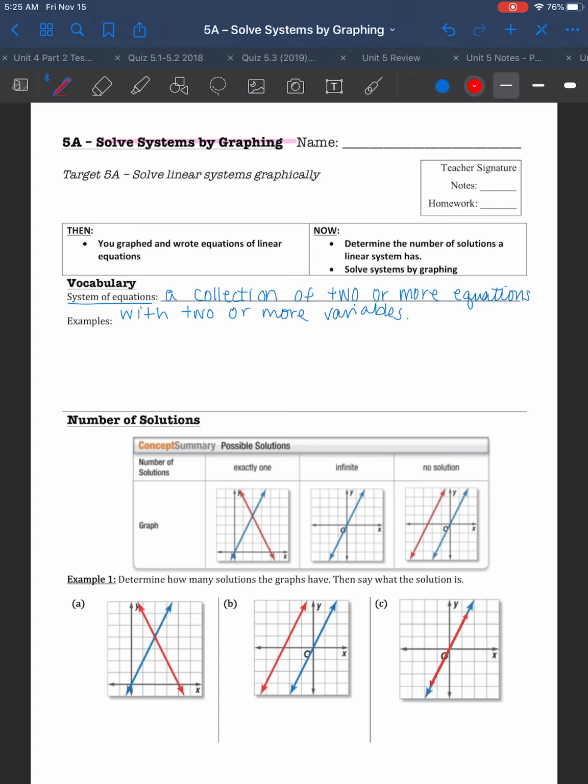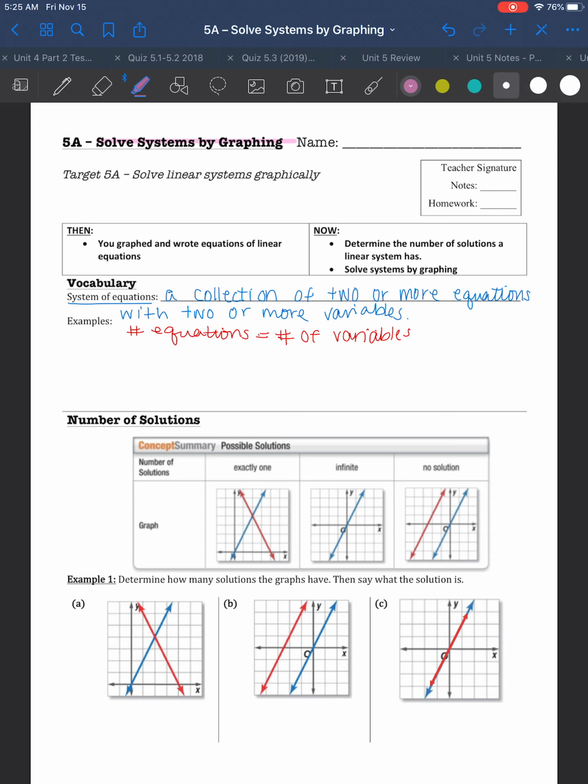The one important thing is the number of equations has to equal the number of variables. We'll only be dealing with 2 variables and 2 equations, but you can have 3 variables, 3 equations, and so on.